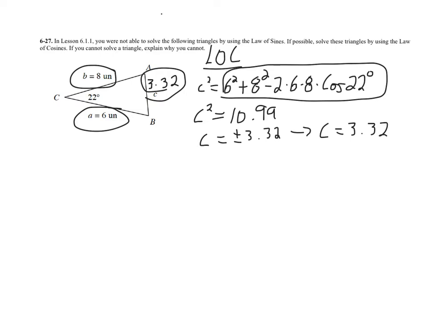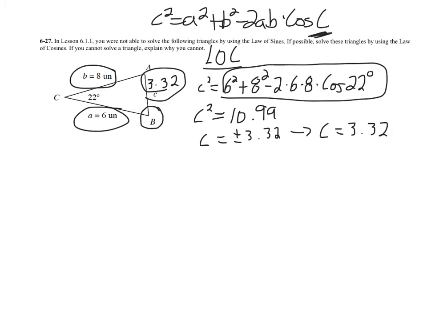So if we remember, C squared equals A squared plus B squared minus 2AB times the cosine of C. But A, B, and C are all relative. I'm going to use my values to find angle B.